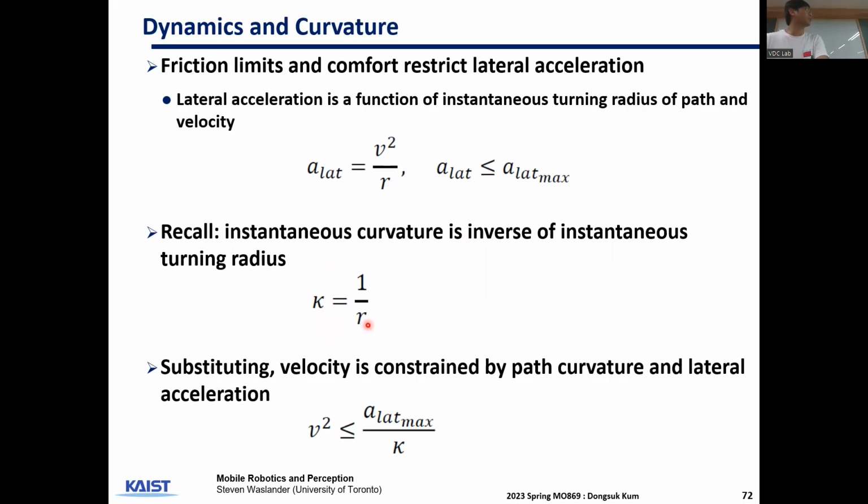We can substitute that into the equation to obtain this velocity constraint, where now we will have a constraint that the square of the velocity must not exceed this formula.